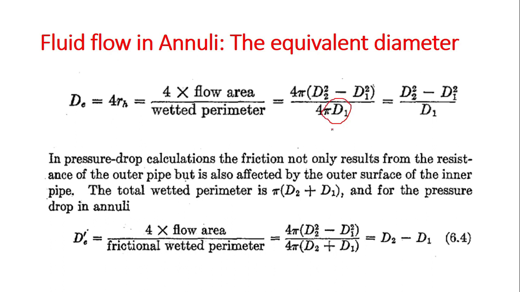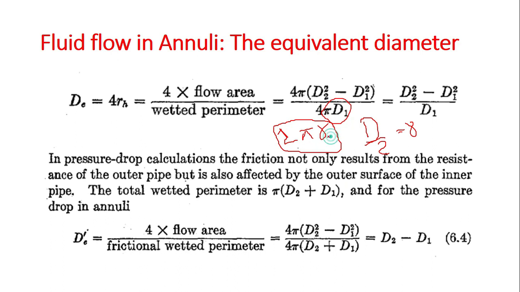The wetted perimeter is actually the circumference of the inner tube, which is represented by 2 pi r, and this d1 stands for the inner pipe. So 2 pi r is the wetted perimeter, which is the circumference of the inner tube.